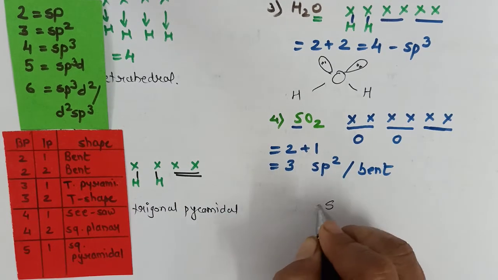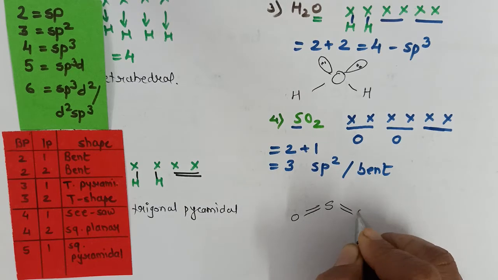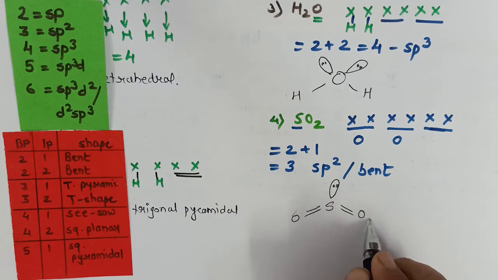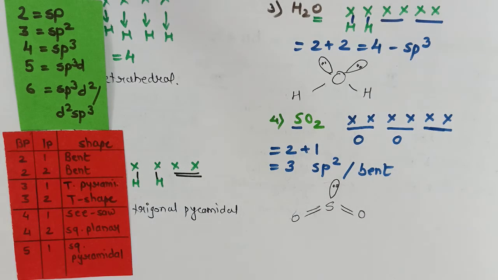So sulfur makes double bonds with oxygen and has 1 lone pair, which will form a bent shape. Remember, oxygen forms a double bond, and you have to remember these 2 tables for predicting the shape as well as the hybridization of the given inorganic molecule.